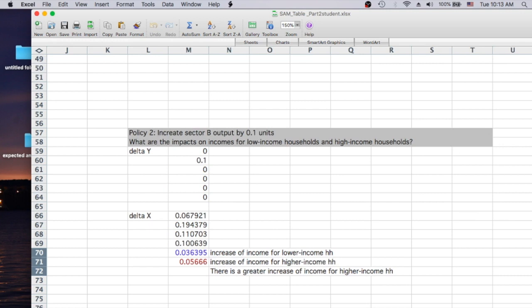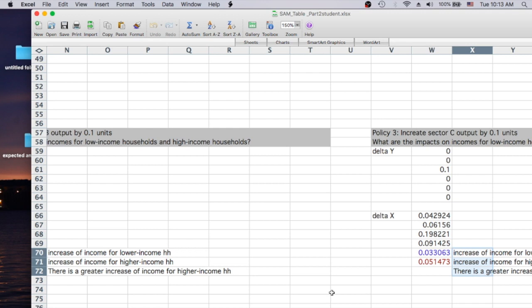These are my calculation results, and you can compare yours with mine, see if it's the same as mine. And you can see that I also highlight the impact of income for lower income households and for higher income households. And you can see that in this case, policy number 2, higher income households also receive greater increase than the lower income households.